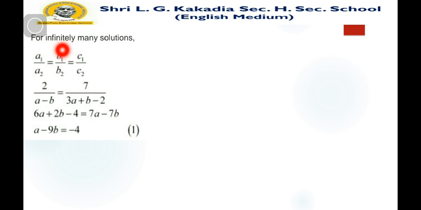Now we compare any two ratios. First we take a1 by a2 equal to c1 by c2, so 2 by a minus b equals 7 by 3a plus b minus 2. Then we cross multiply by 3a plus b minus 2.